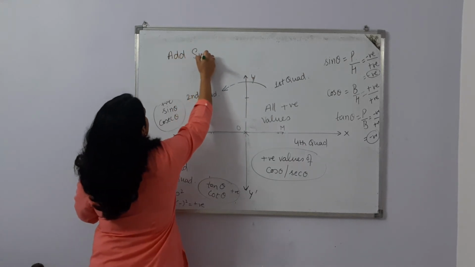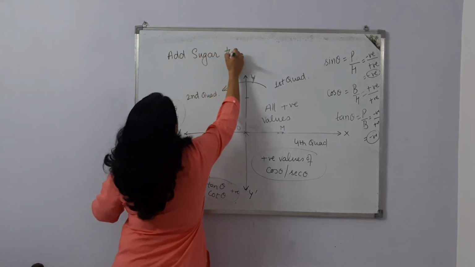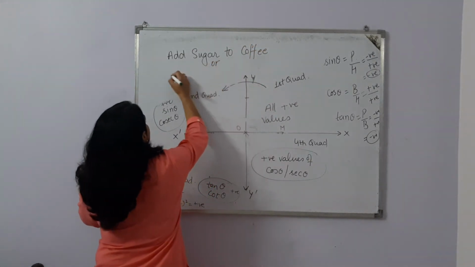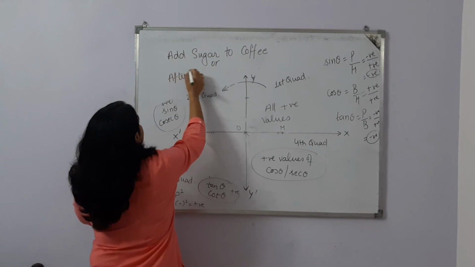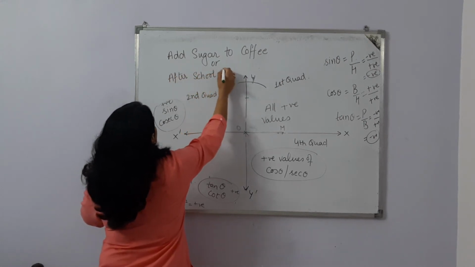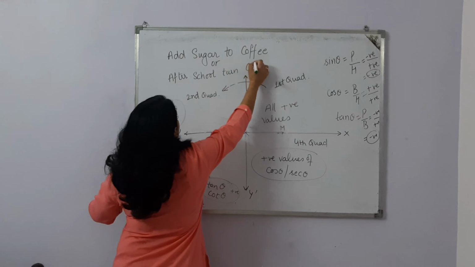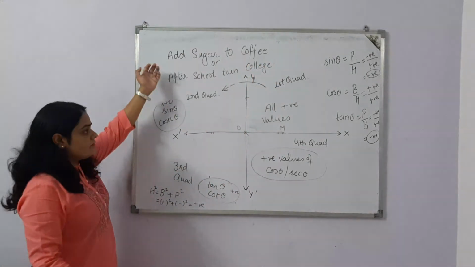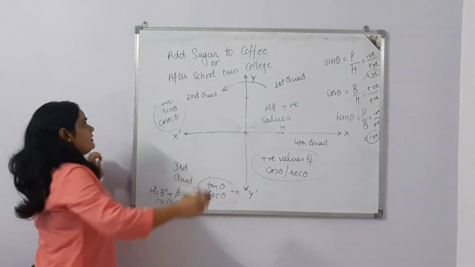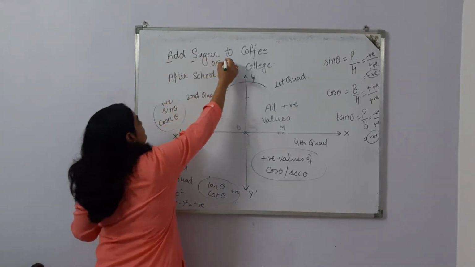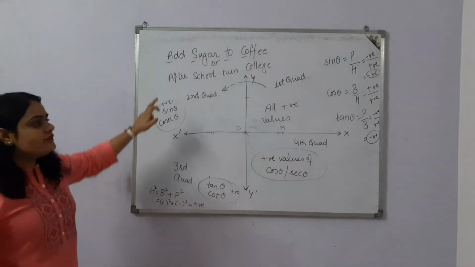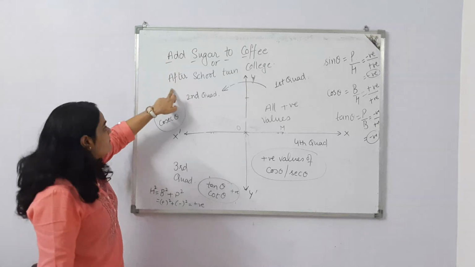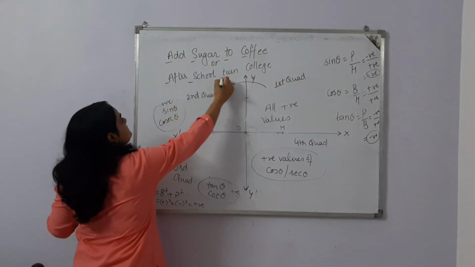Add sugar to coffee, or you can learn after school turn college. What is the meaning of this rhyme? Just look at the first alphabet of this rhyme, add sugar to coffee, ASTC, and the another same rhyme is, after school turn college, again ASTC.